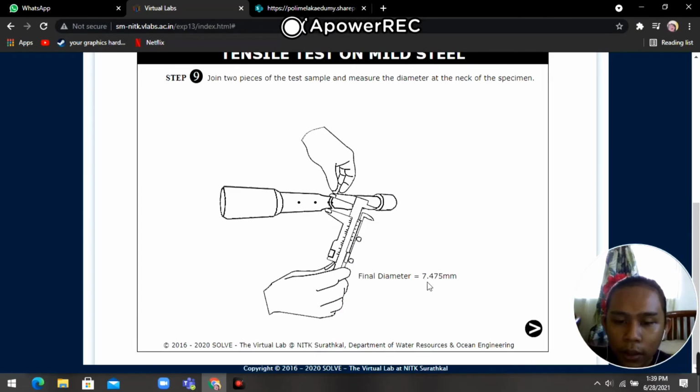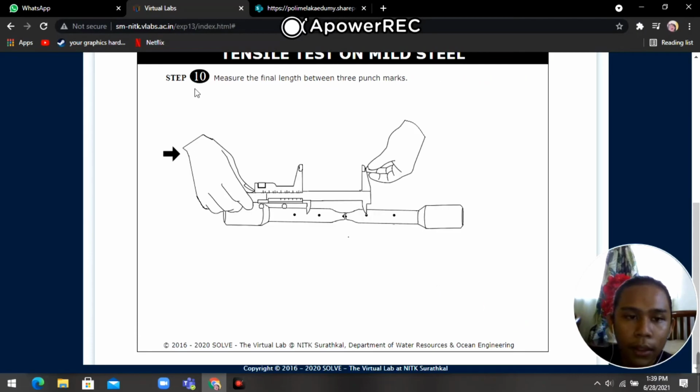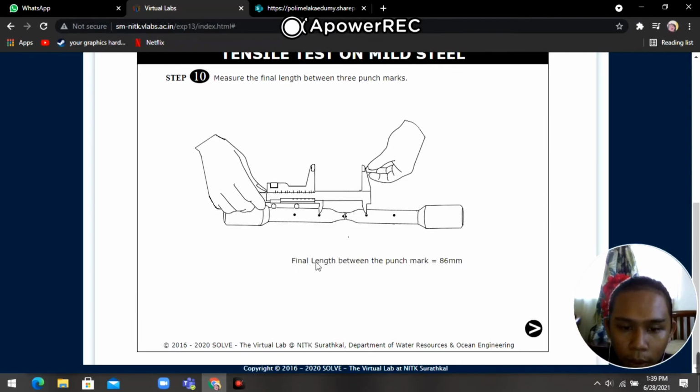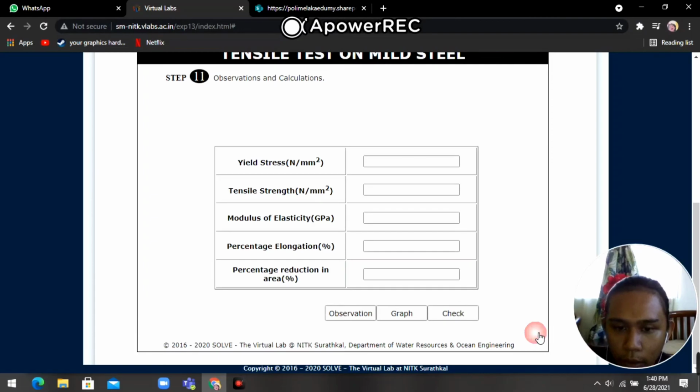Final diameter 7.475 millimeters. Next, step 10: measure the final length between the punch marks. Final length between the punch marks equal 86 millimeters.